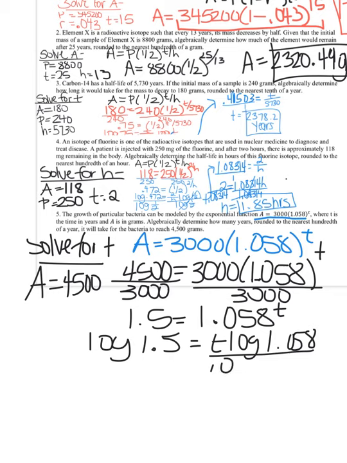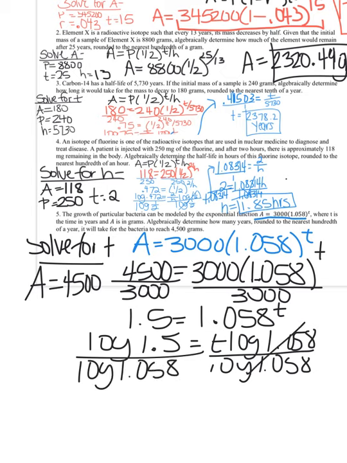Divide by the log of 1.058. This will cancel over here, so I get T by itself equals, we are rounding to the nearest hundredth, so final answer is 7.19 years.